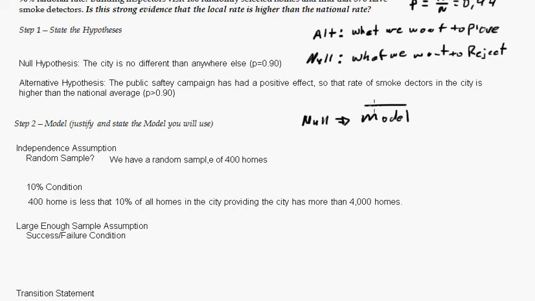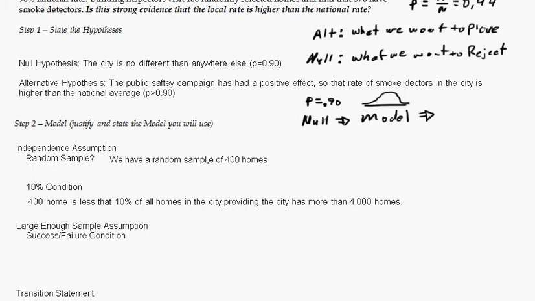So the model and the null hypothesis are basically the same thing. That's the theory. So what we do is follow through with this assumption that P is equal to 90%, and we see if that leads to a contradiction. If it does, then we can reject the null hypothesis.